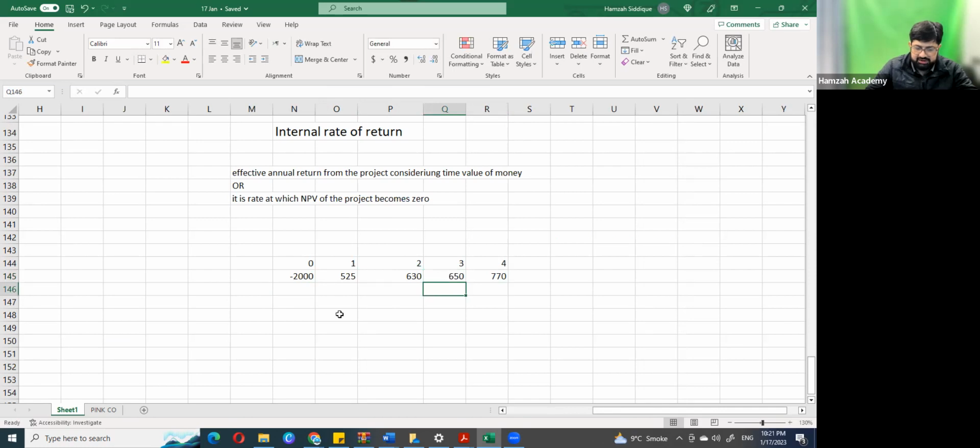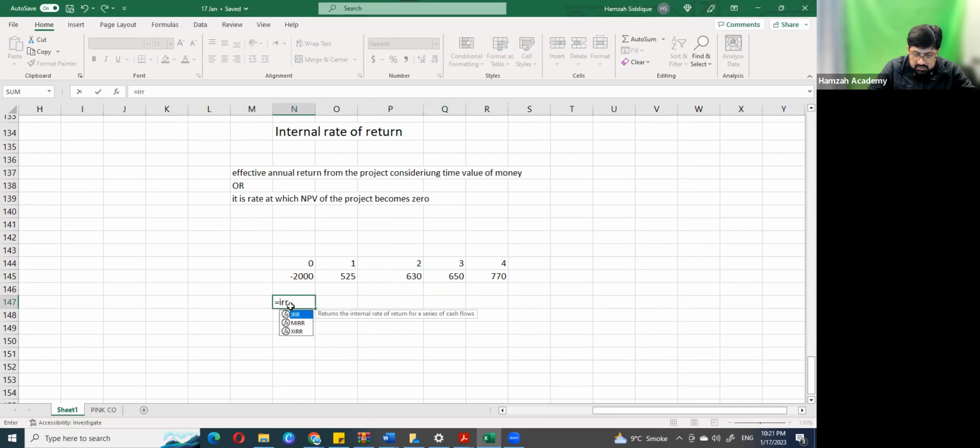How to calculate IRR in Section C? Select all cash flows and enter. Life is easy in Section C. And what is the rule?